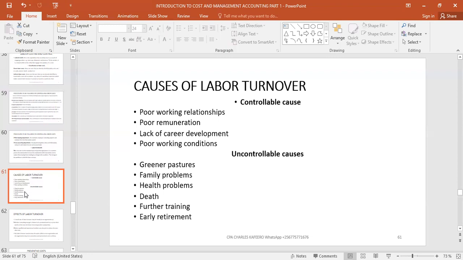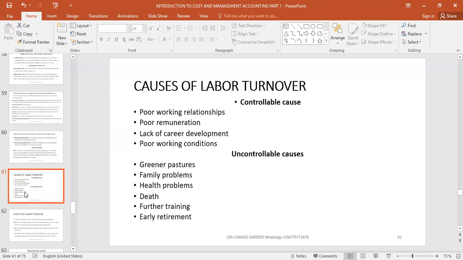The last one, we can talk about poor working conditions. Poor working conditions is different from poor working relationship. The other one is about the way people interact with each other. But poor working conditions are about the general policies.